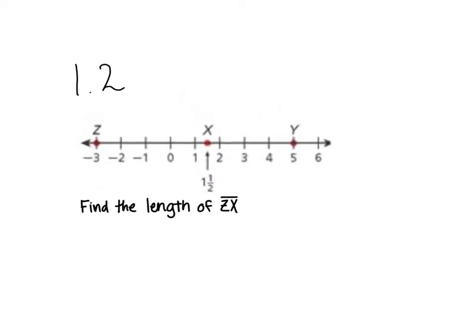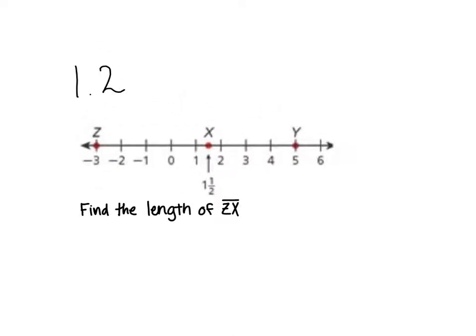Okay, find the length of ZX. So how do we find the length? The absolute value of negative 3 minus 1.5. So you take the absolute value of the first point, Z, which is at negative 3, minus the second point, which is 1.5.